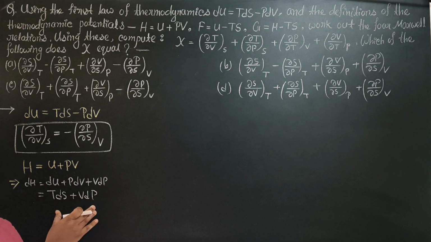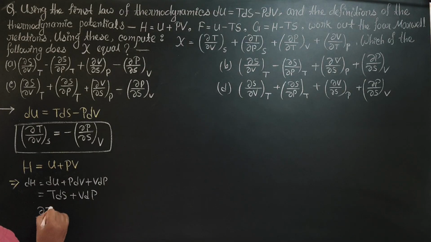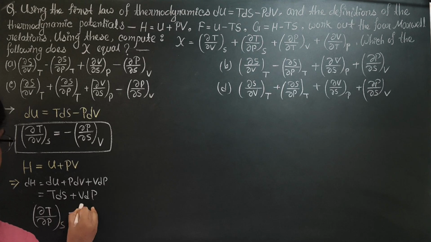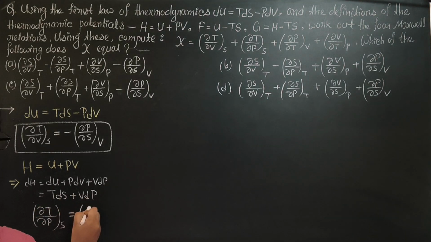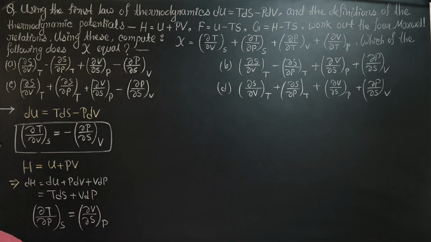It is also an exact differential, so we can write del T del P at constant S equals del V del S at constant P. This is a Maxwell equation.